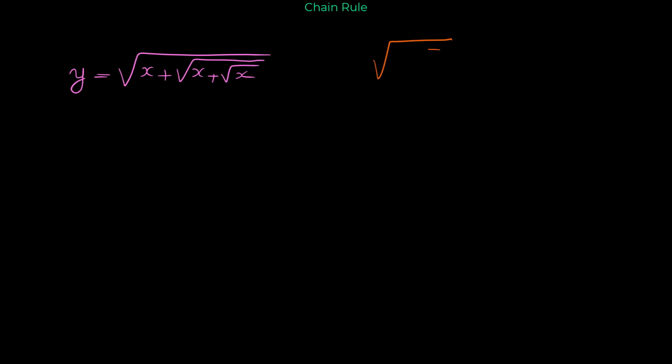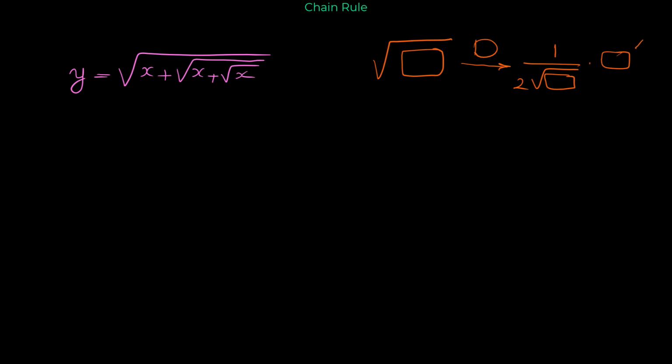When we have a radical of something, a radical of any expression, the derivative of a radical is 1 over 2 times the radical, times the derivative of the inside.